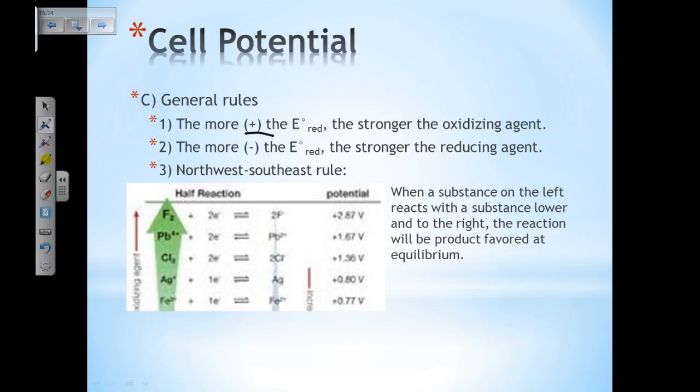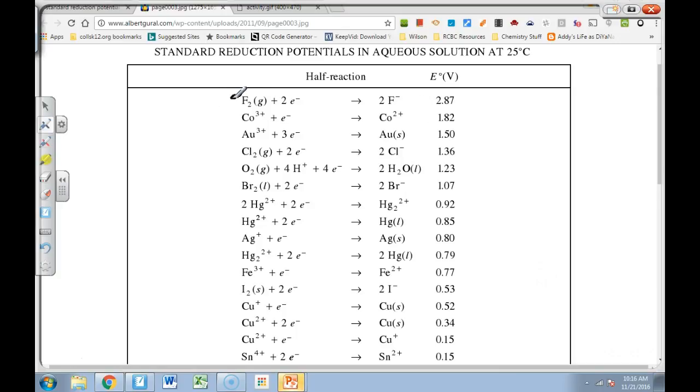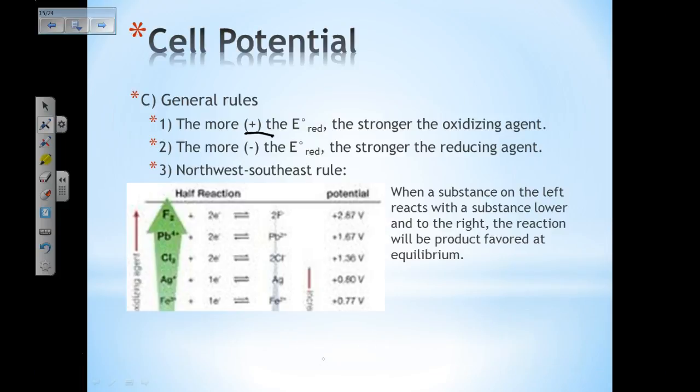All of these with positive potentials are the strongest oxidizing agents. And the opposite is also true: the more negative the reduction potential, the stronger the reducing agent.